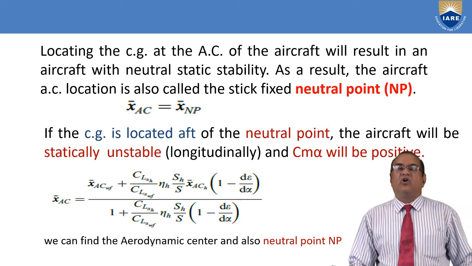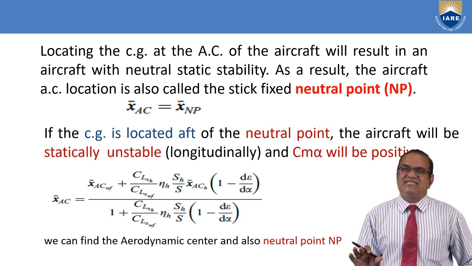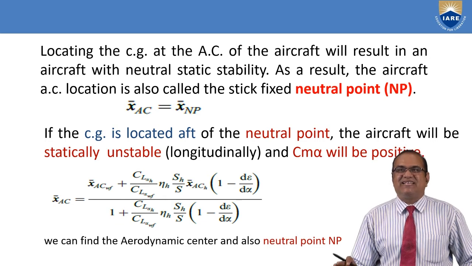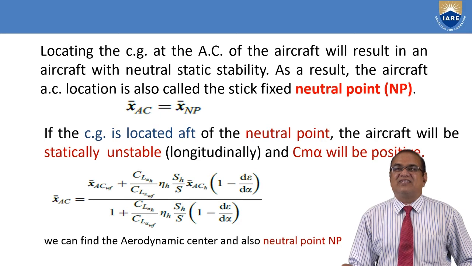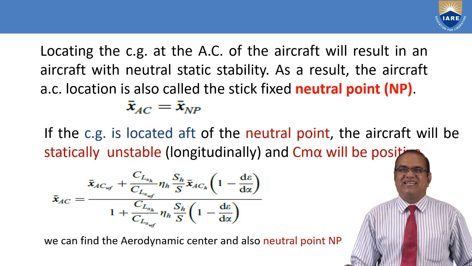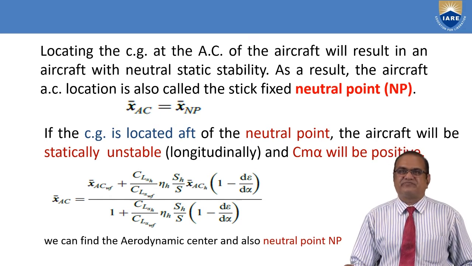If AC and CG are both at one point, it is called neutral stability, and that point is the neutral point. So XAC is equal to XNP.